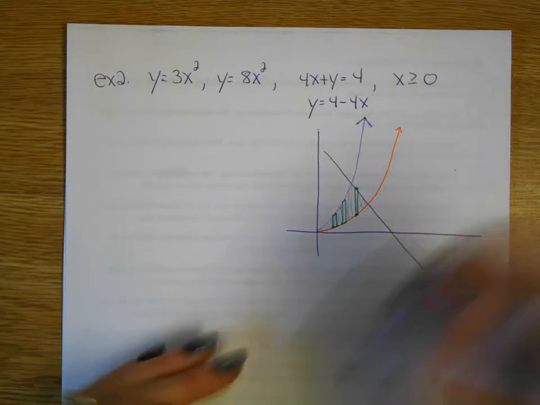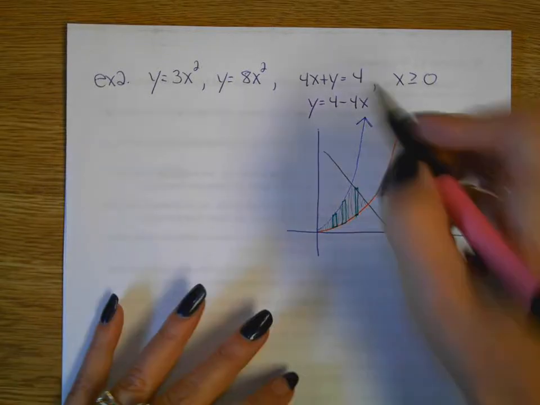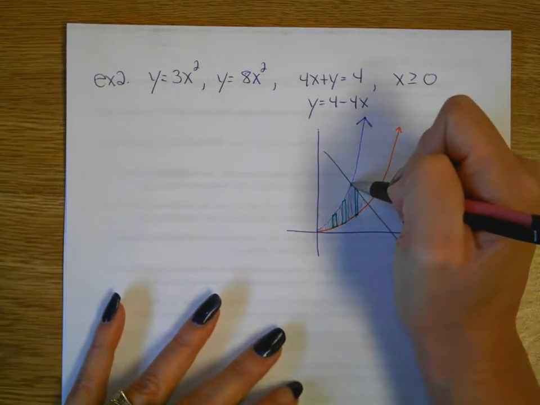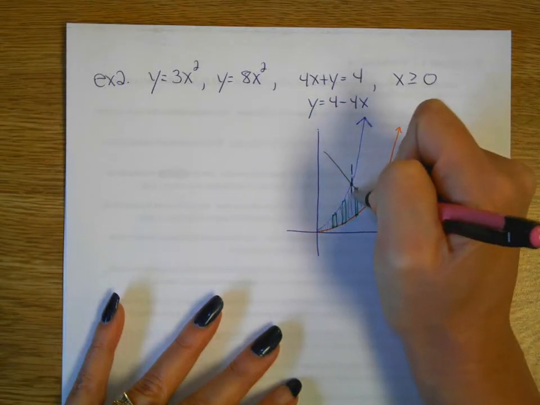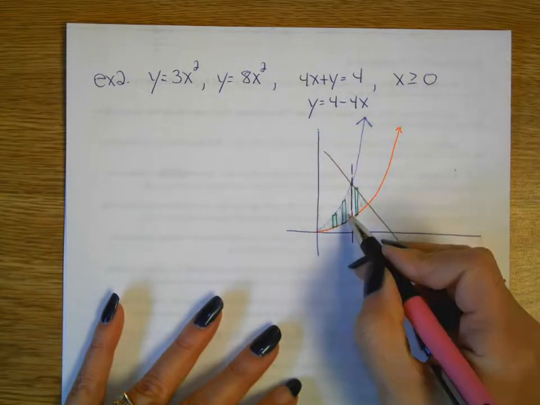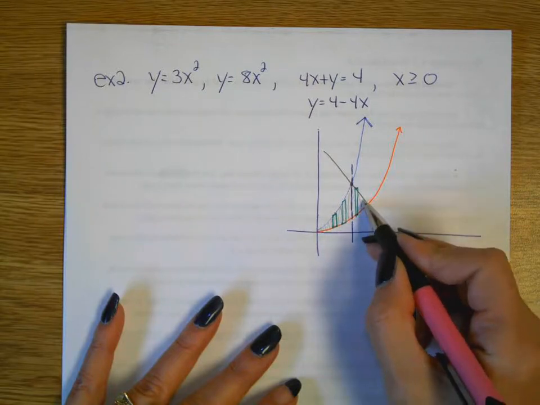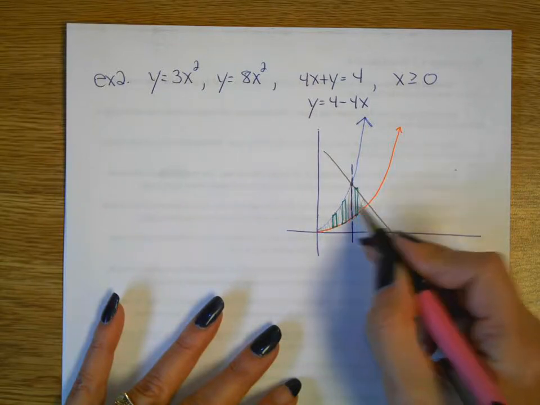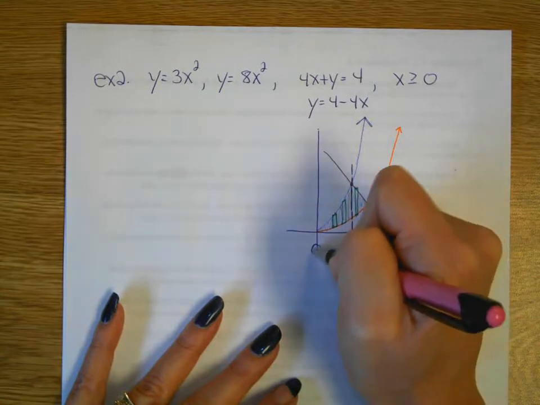So this really has to be done with 2 pieces. I have to chunk it up right at this intersection. Imagine a vertical divider here, so that on the first area, it's blue function minus orange, and then in the second area, it's line minus orange.